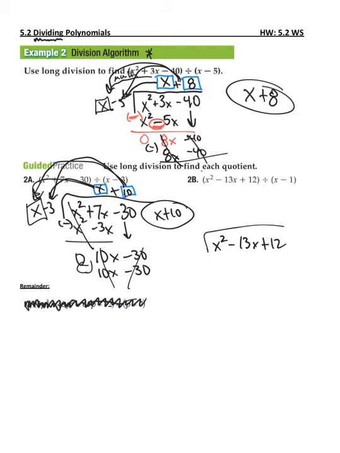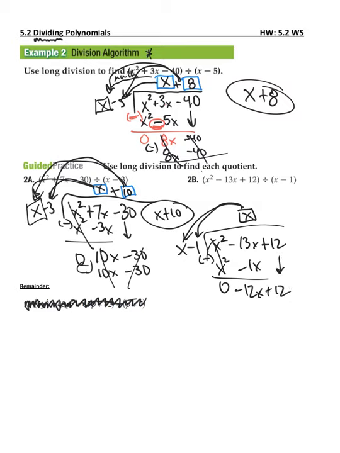The first few steps fall in a pretty easy pattern. x times x gives you your x squared. Multiply by the negative 1 and subtract. x squared minus x squared is 0. Negative 13 minus negative 1, so plus 1, gives negative 12x. Bring down the positive 12.